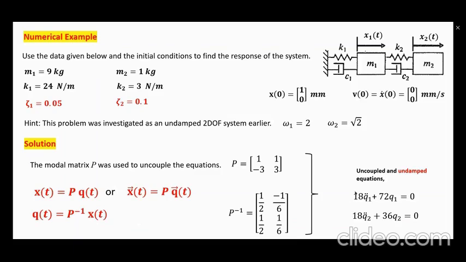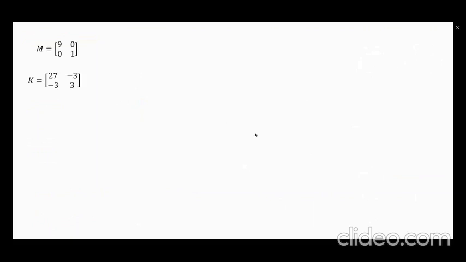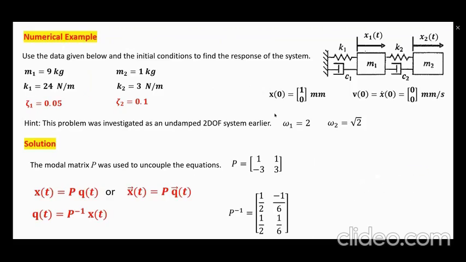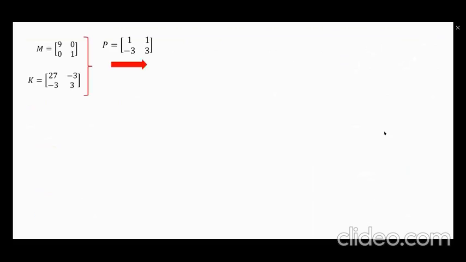Let me remind you that the decoupled equations came out to be like that. In this particular problem, there's matrix M, there's the matrix K. This was the transformation, the modal matrix, and these were the modal mass matrix and the modal stiffness matrix, and these are the things that actually went into this decoupled equation.